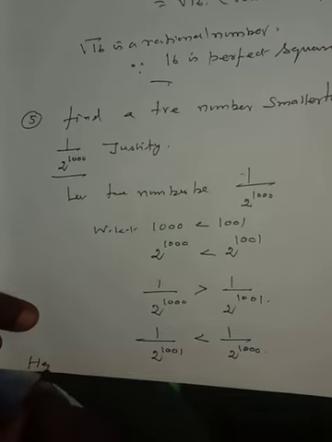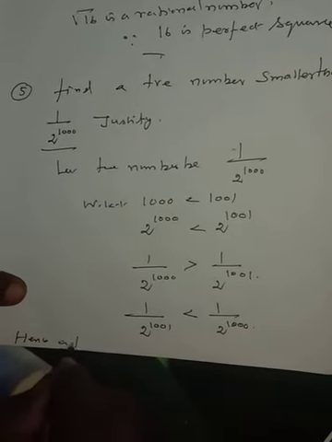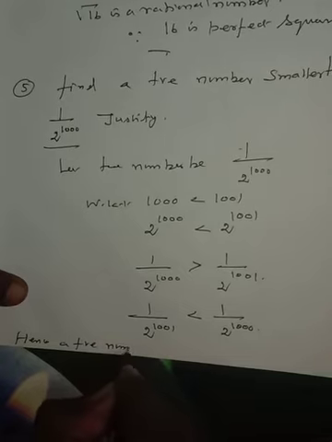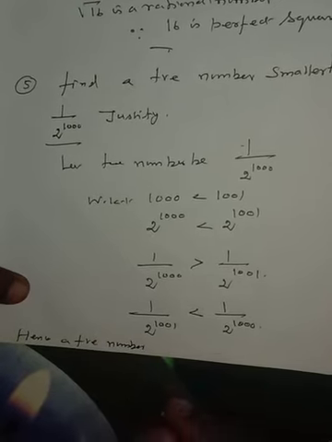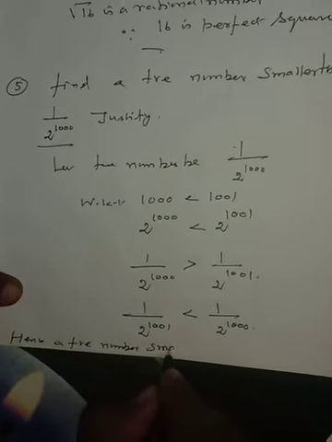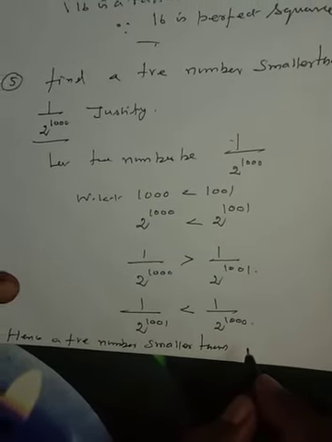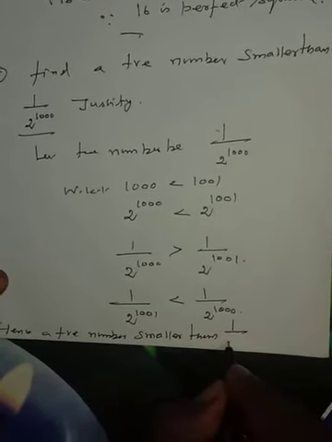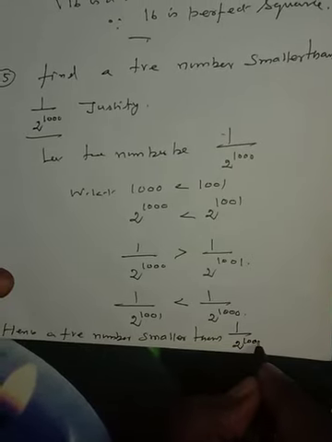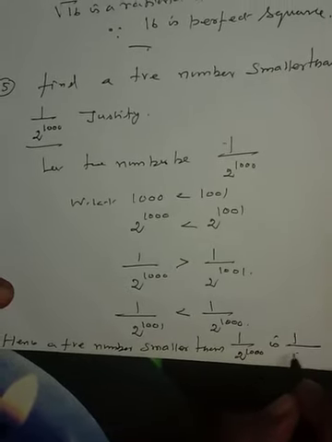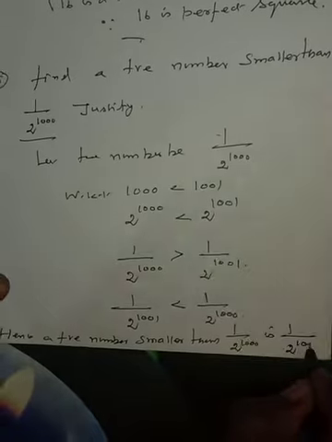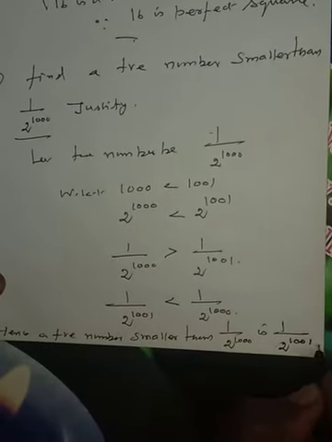Hence, a positive number smaller than 1 by 2 to the power of 1000 is 1 by 2 to the power of 1001. Hence the result.